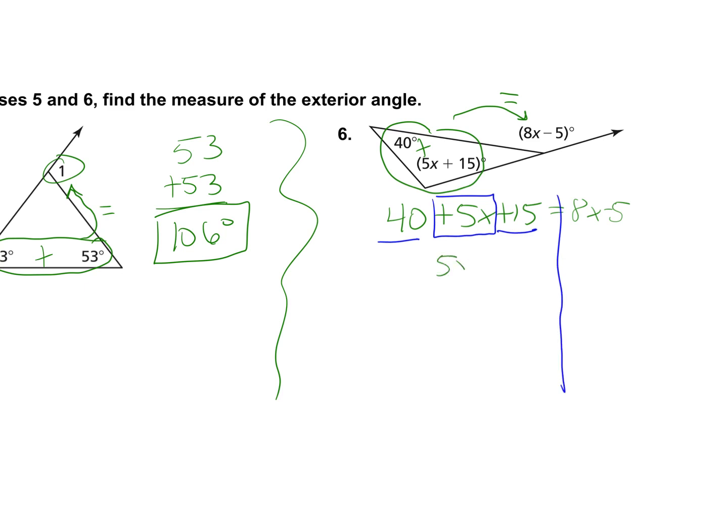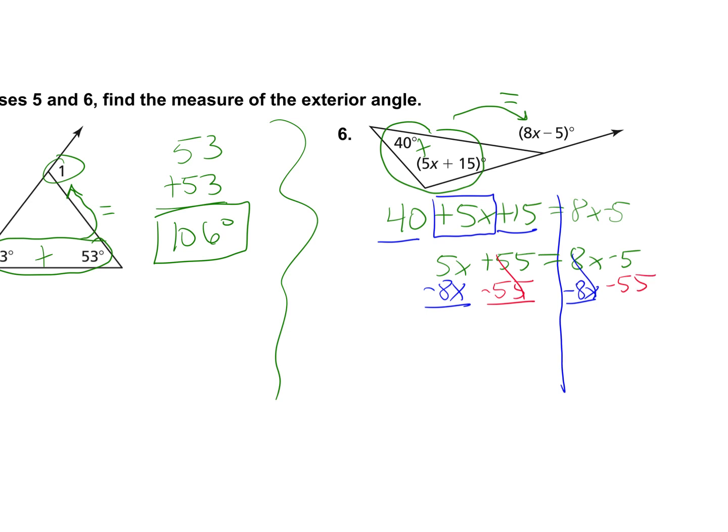So I'm going to have 5x, 40 plus 15 is 55, and then it's 8x minus 5. And bring your x's left or right. I would typically bring it to the right here, but I know most people like to bring it to the left. So I'm going to subtract 8x and bring it to the left. Then I'm going to subtract the 55 and bring it to the right.